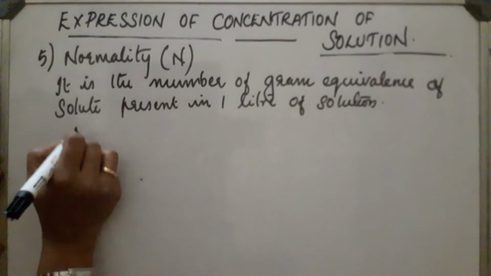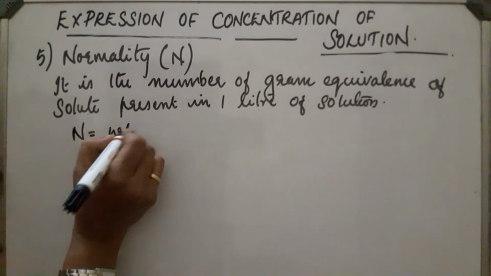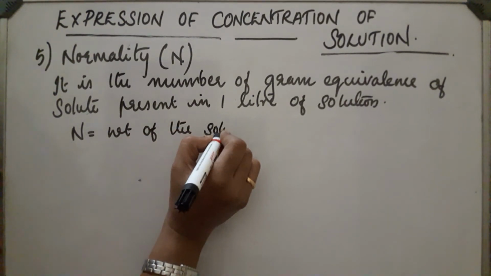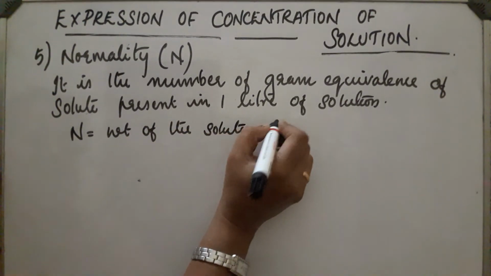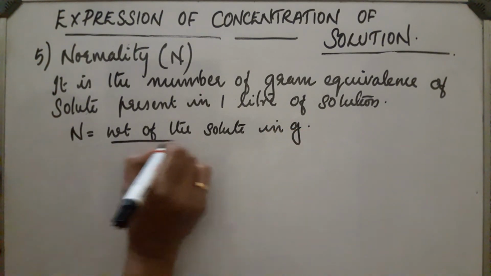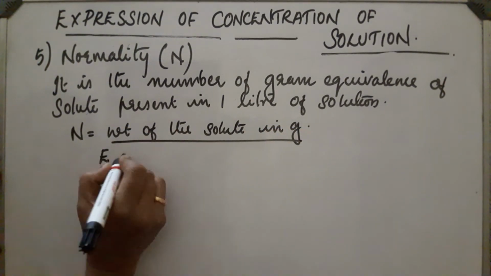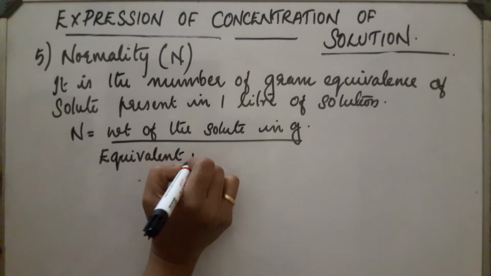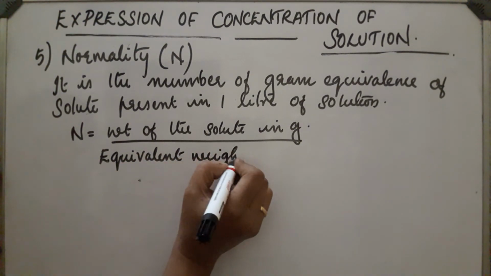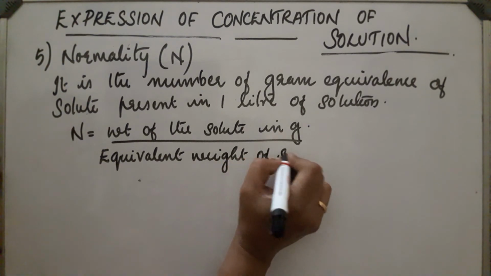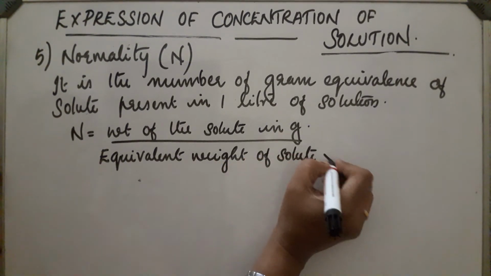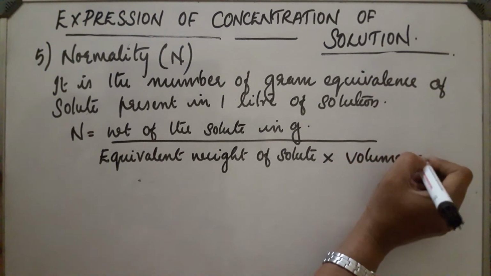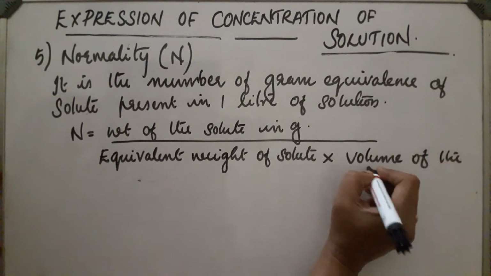So capital N will be equal to the weight of the solute in grams by the equivalent weight of the solute, into the volume of the solution in liter.